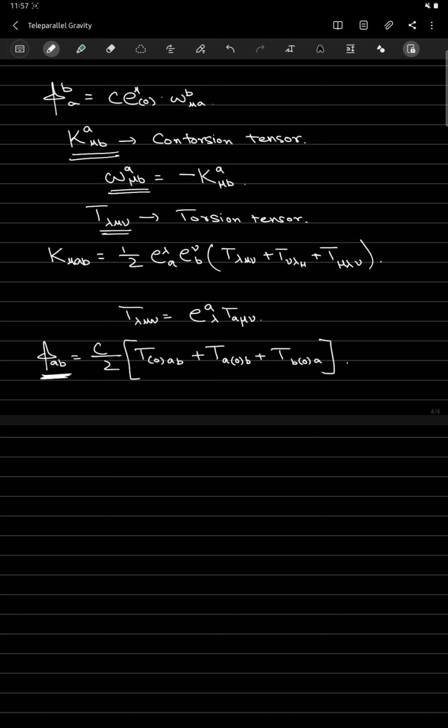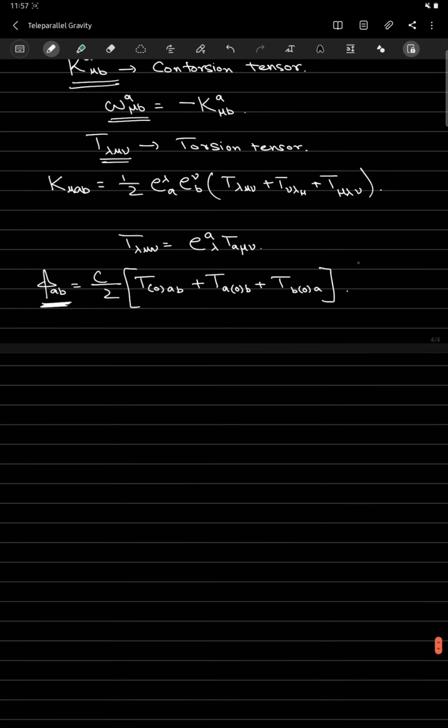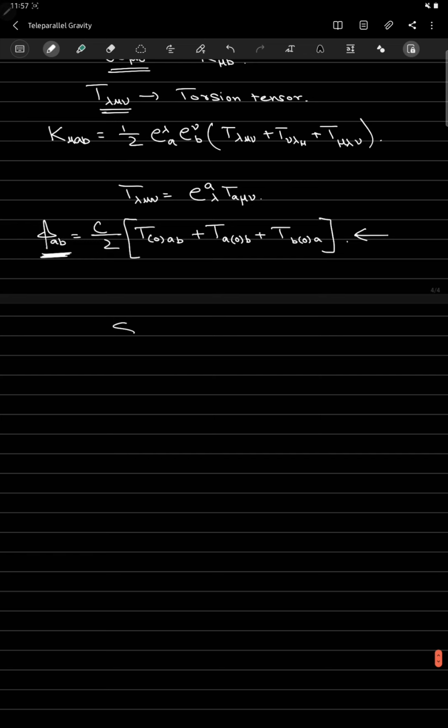Okay, so you have to see over here that if you look at this expression, you'll immediately see that it is not invariant under the SO(3,1) group. However, it is indeed invariant under coordinate transformations.